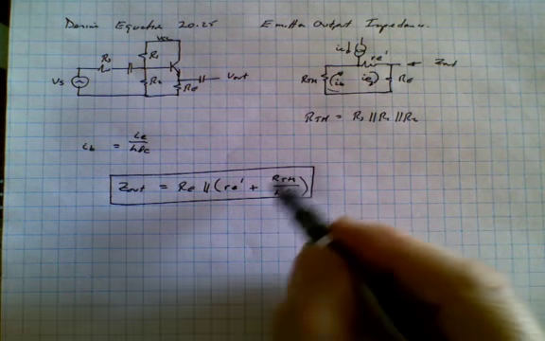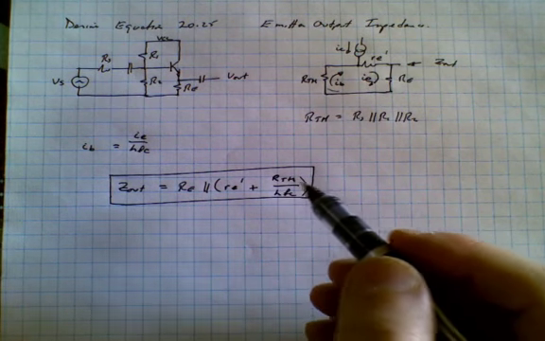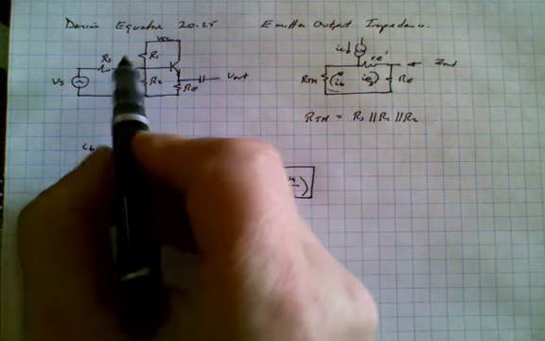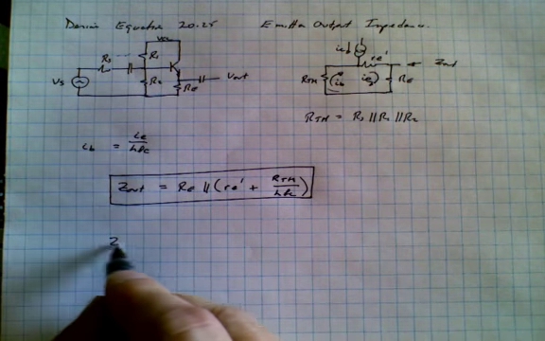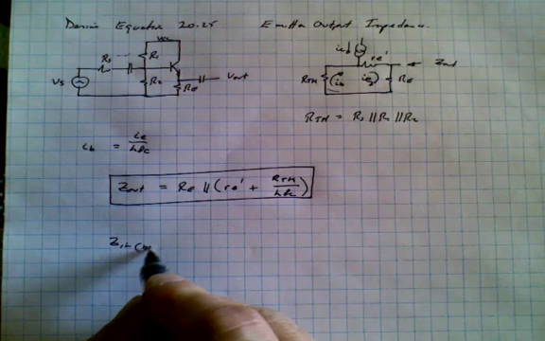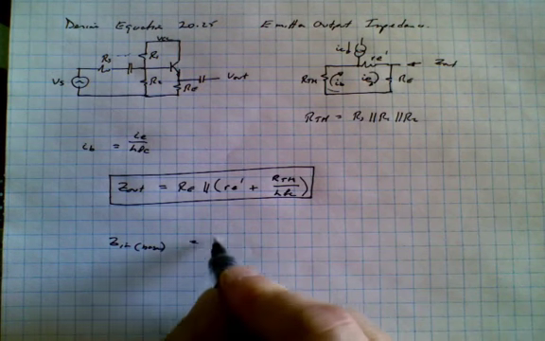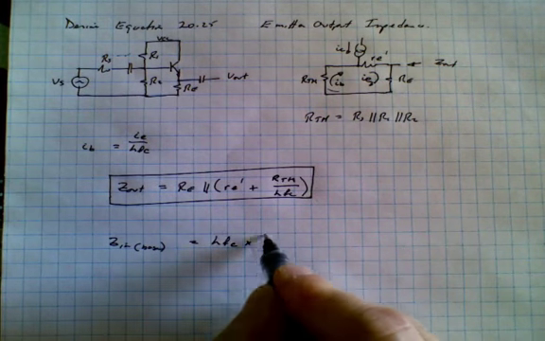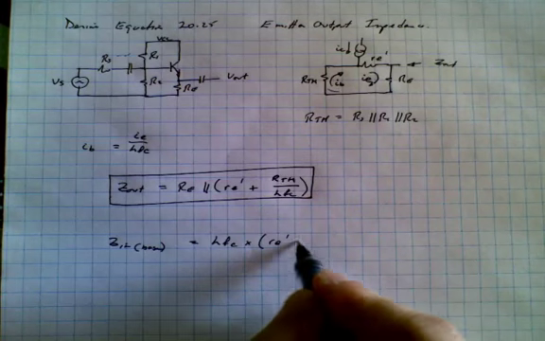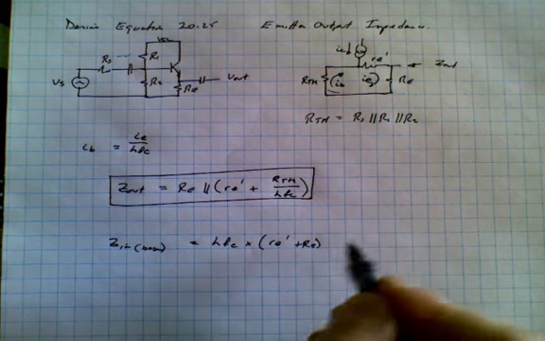Now this is a very interesting expression, because notice that when we looked at the input impedance over here, Zin at the base, that was equal to HFC times RE prime plus RE.